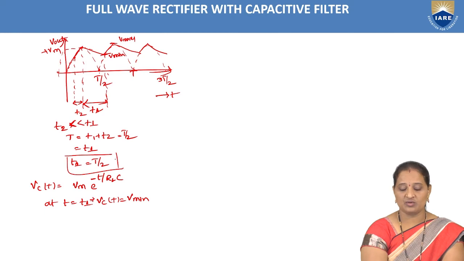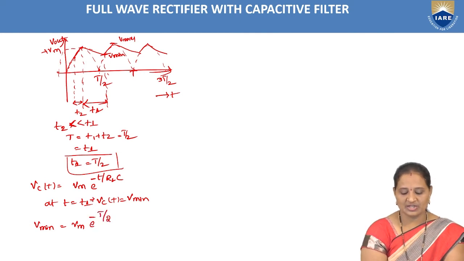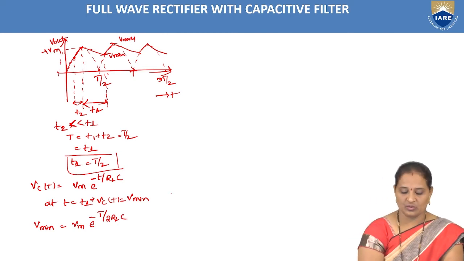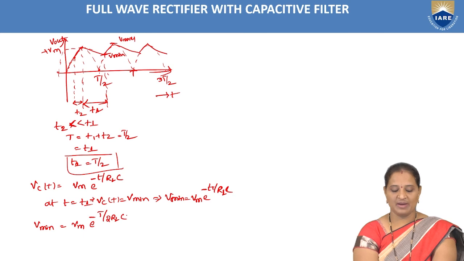And time T1 is equal to T by 2. Just substitute that in the equation. Then V minimum is equal to Vm into e power minus T by 2 into RL into C, because V minimum is Vm e power minus T1 by RL into C, where T1 is equal to T by 2.